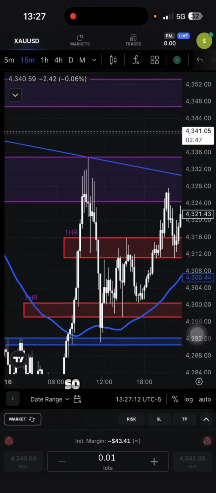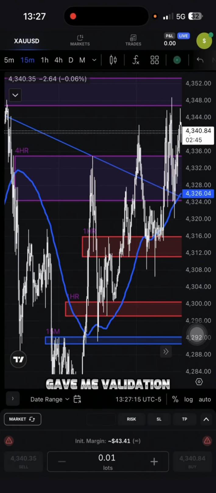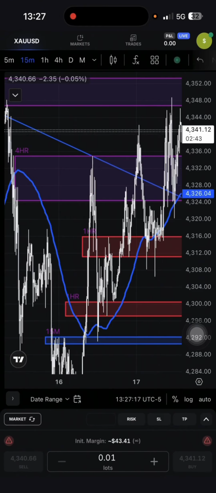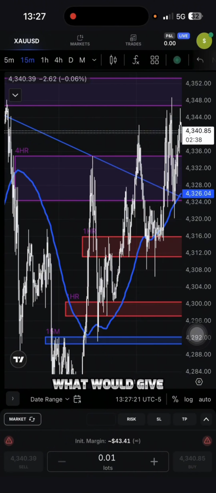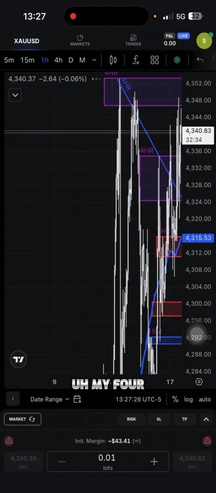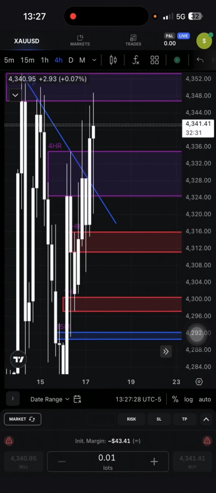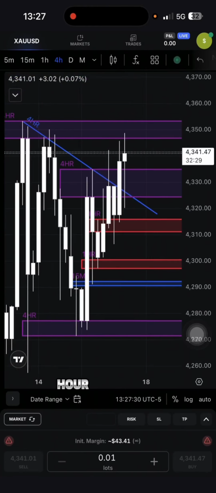What gave me validation to keep buying is my 4 hour trend line. As you can see, I have a 4 hour trend line, right?